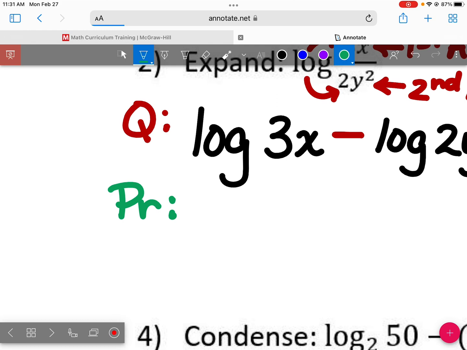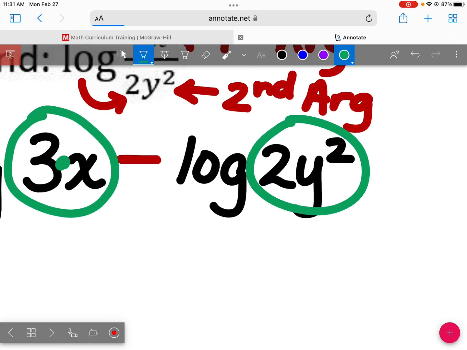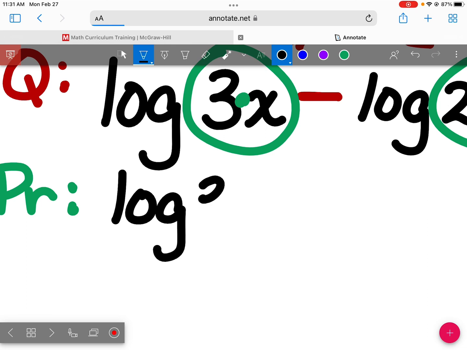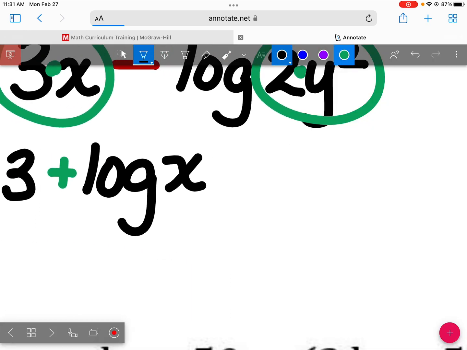Do I need the product property? Yes. Do I need it for this first argument? Is there anything being multiplied here? Yes. What's being multiplied in the first argument? The 3 and the x. Do I need it for this second argument? Yes. What's being multiplied there? 2 and y. So I have common log of 3 plus common log of x minus, and then we have to be careful.